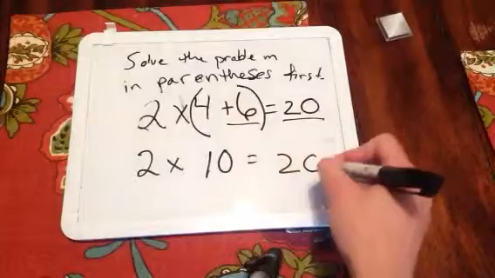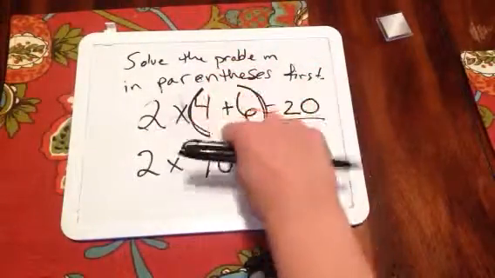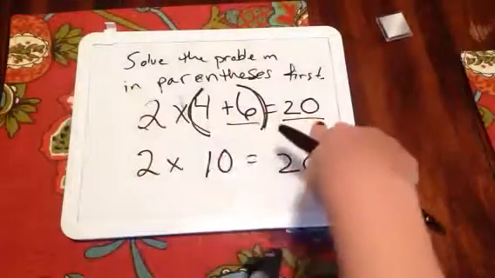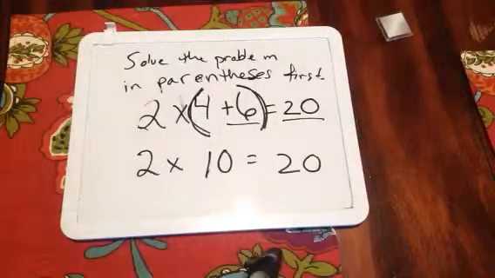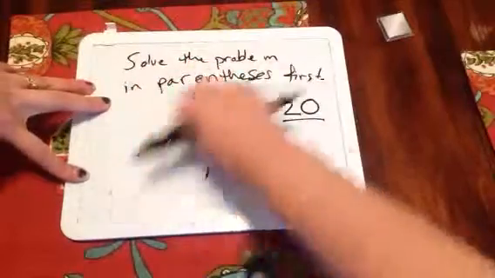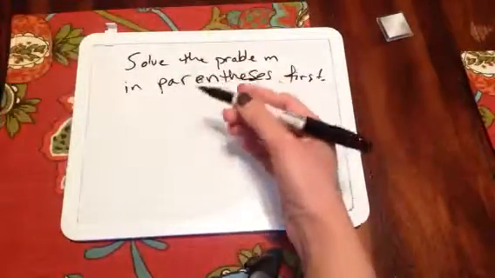There you go. So you would put the parentheses around 4 plus 6, solve that, and then multiply that by 2, and that makes your equation true. You can also do this, it doesn't need to be multiplication and addition.